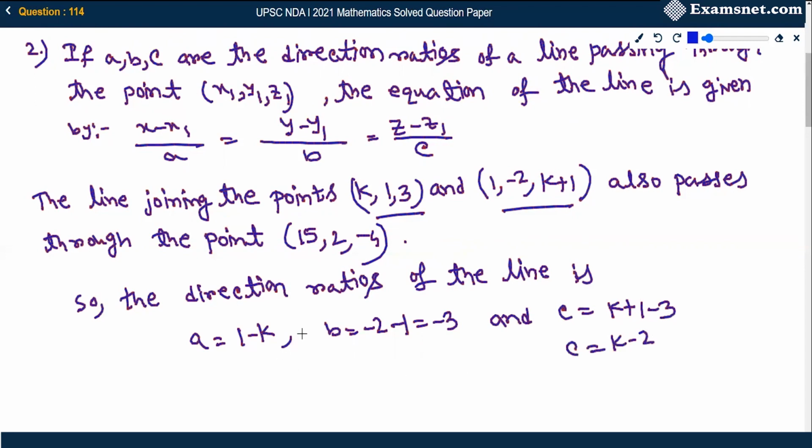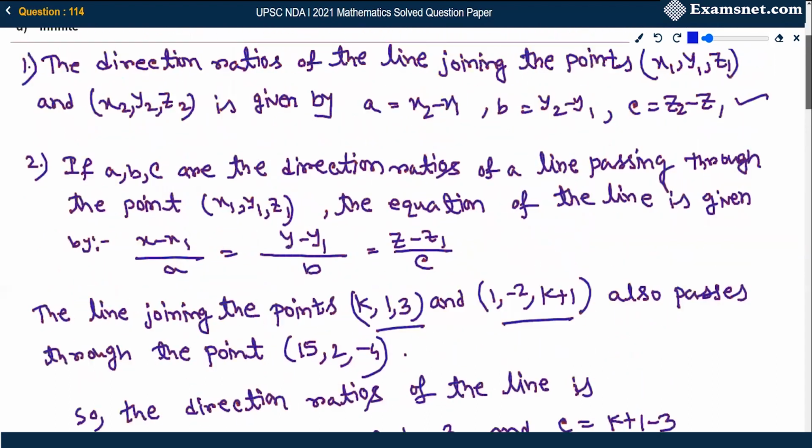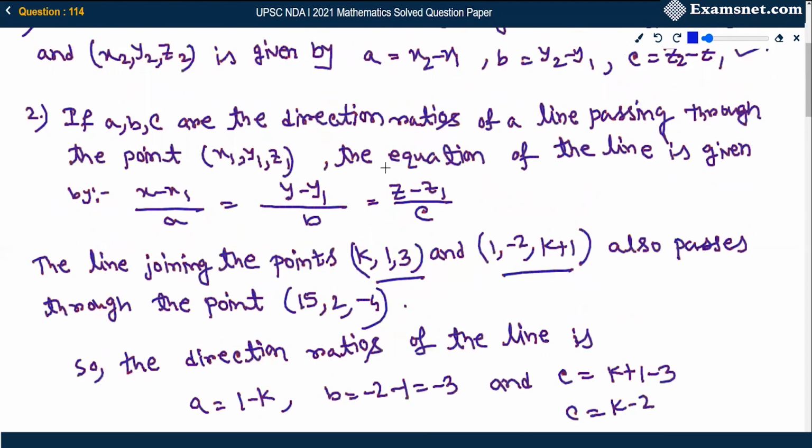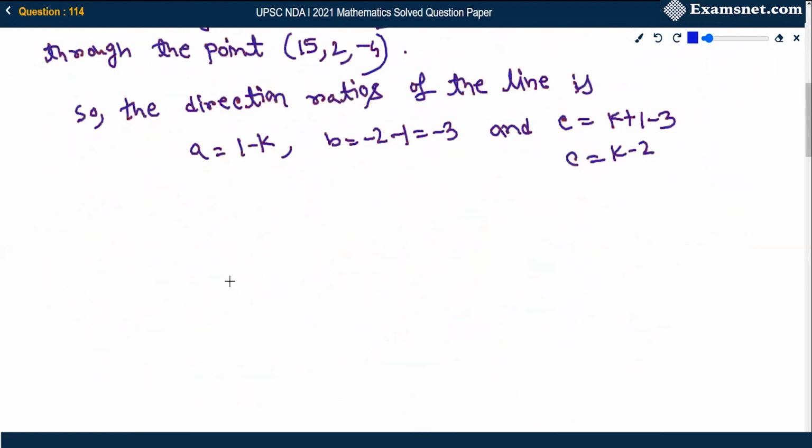Also, if A, B, C are the direction ratios, then the equation of the line can be written as x minus x1 by A, y minus y1 by B, and z minus z1 by C.